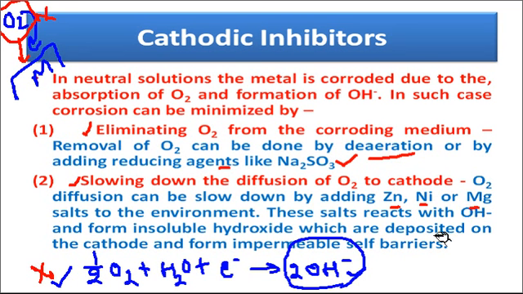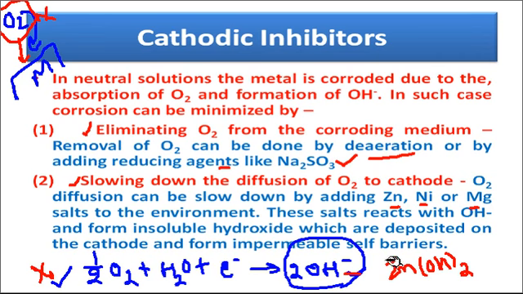These salts react with this OH minus and form insoluble hydroxides on the cathodic surface. So this type of insoluble hydroxide layer is formed on the cathodic surface, and these hydroxides act as a barrier for the oxygen.